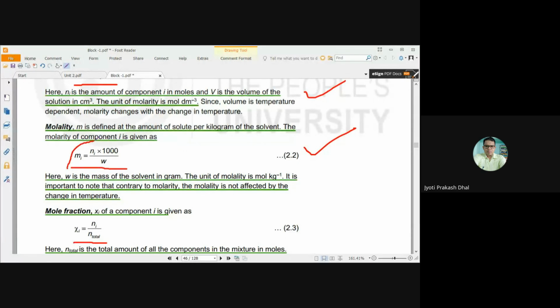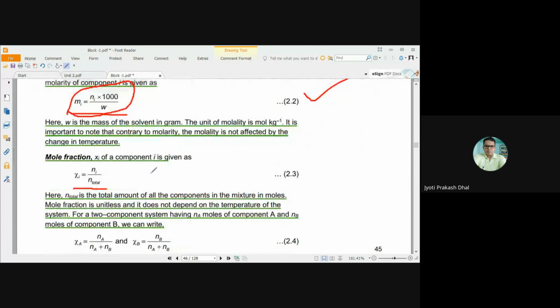The mathematical form of molality is Mi equals Ni into 1000 divided by W. Here W is the mass of the solvent in gram, and Ni is the number of moles of the ith component of the solute. So the unit of molality is mole per kg.